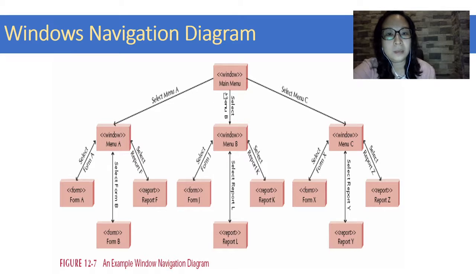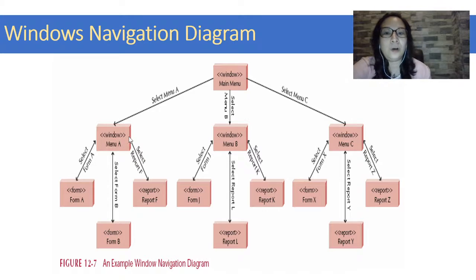If we select the menu to login, then it goes to this menu. If we go to help or contact, then it goes to this menu. So basically you need to define the flow of the menu.